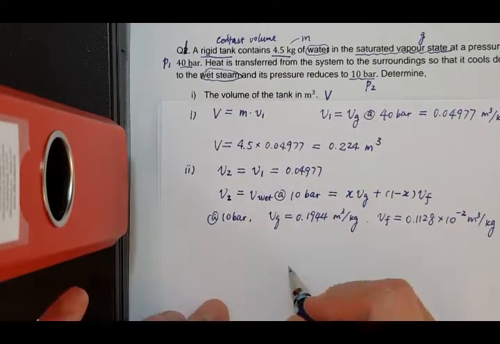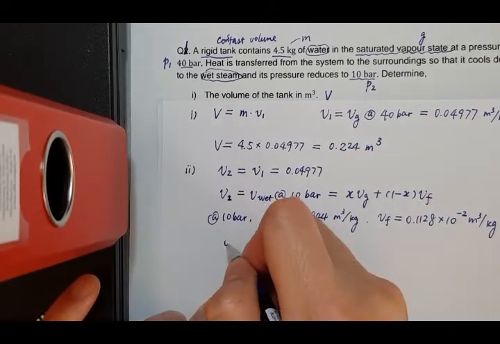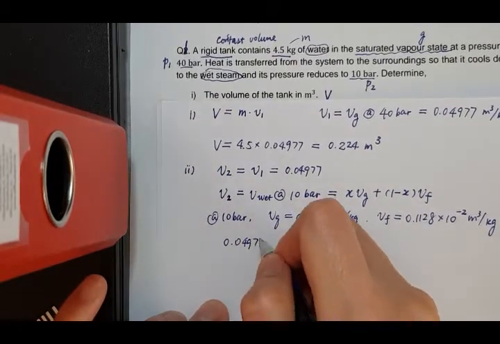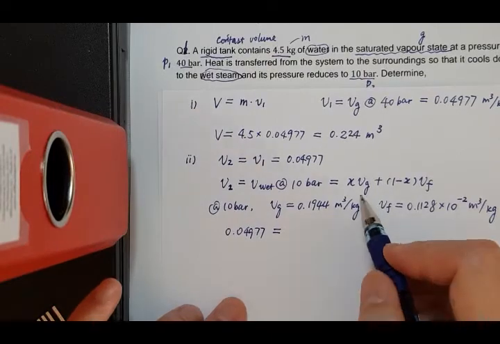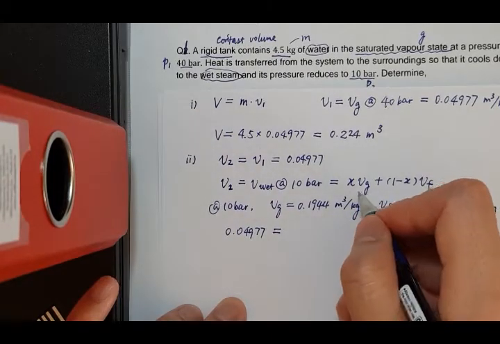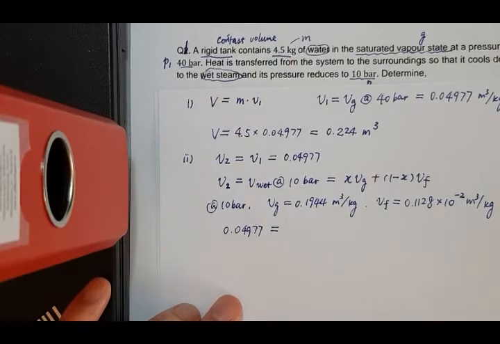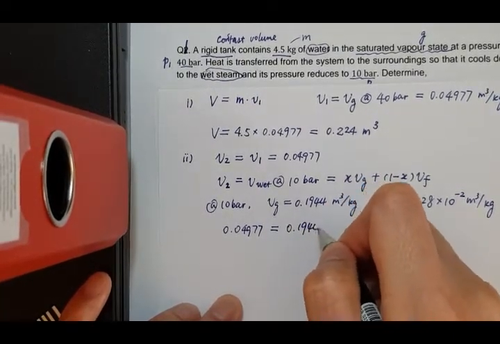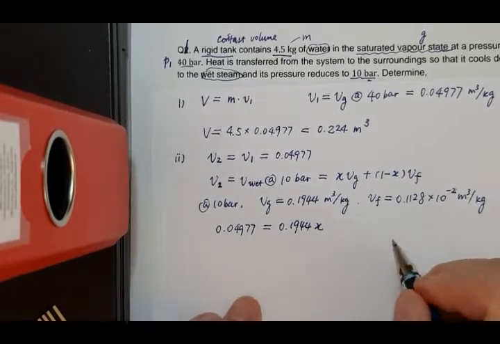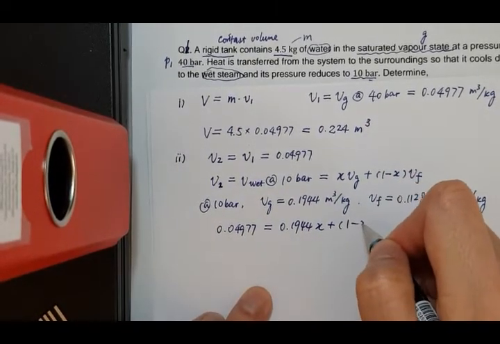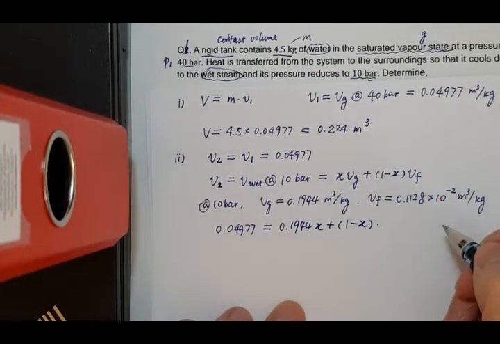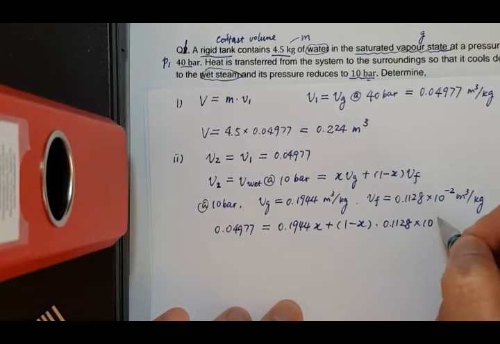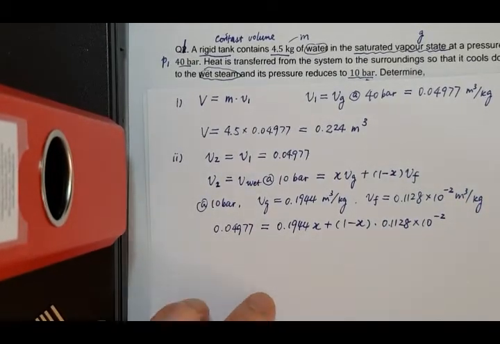So on the left-hand side we can write 0.4977 equal to X times Vg plus (1 subtract X) times Vf, where Vf is 0.1128 times 10 to the power of -2.